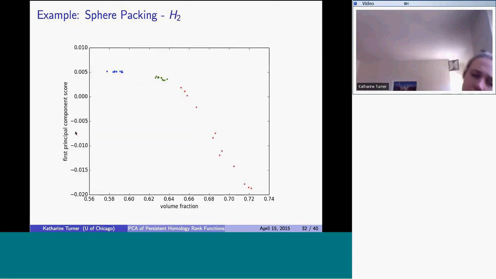Okay. So we've got the fraction versus this first principal component score. I've got colored points, so I should describe what they are. Blue ones were poured, where we didn't do anything to them.